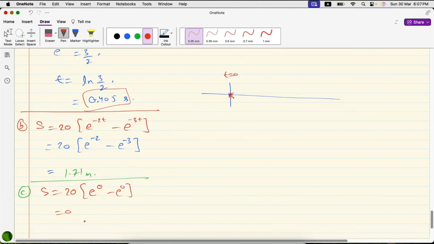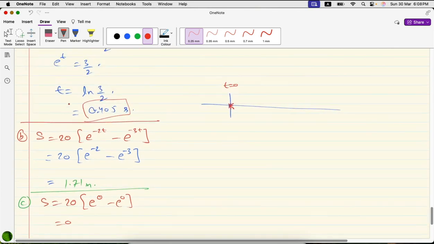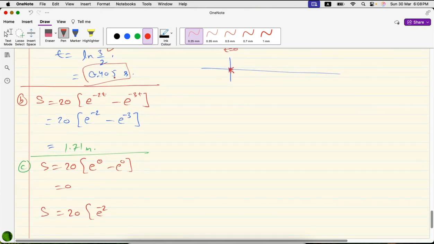And then when time is 0.405, displacement is 20 e raised to power minus 2 times, I'll use the exact value, that was ln 3 by 2, minus e raised to power minus 3 ln 3 by 2.